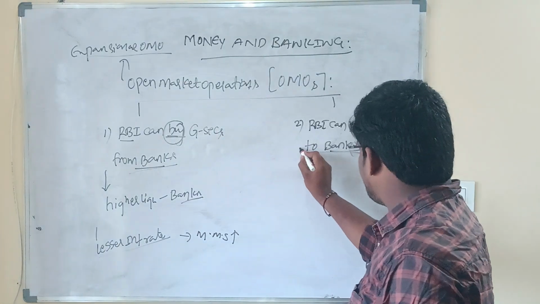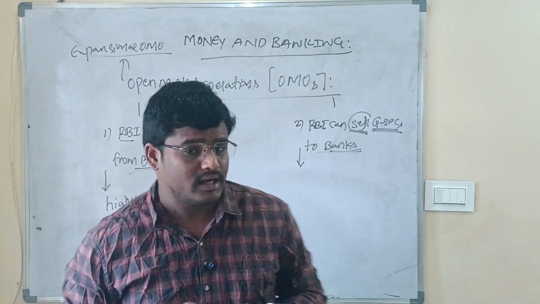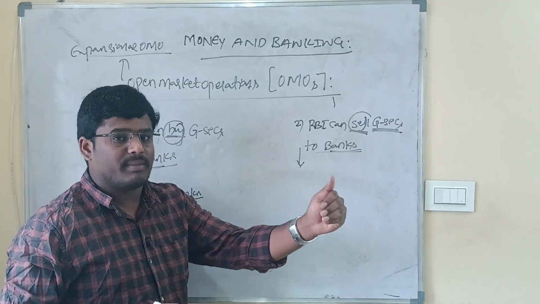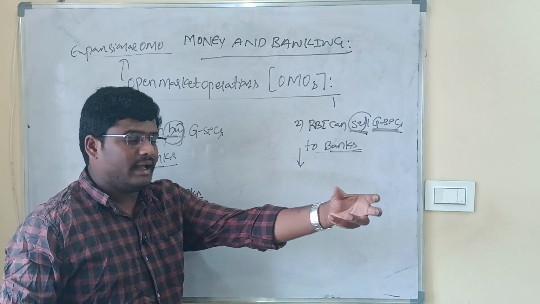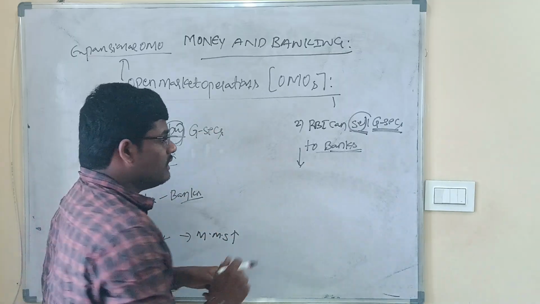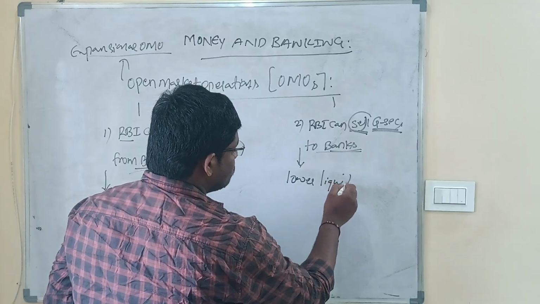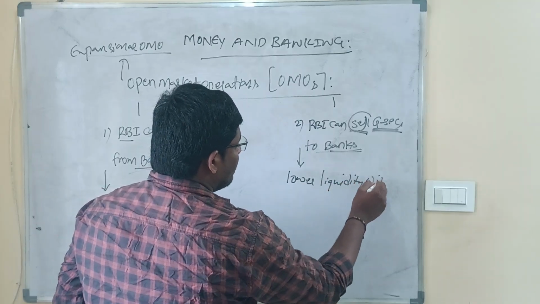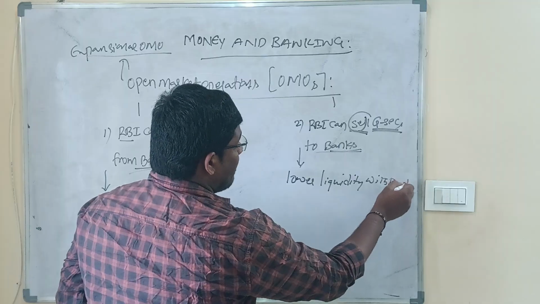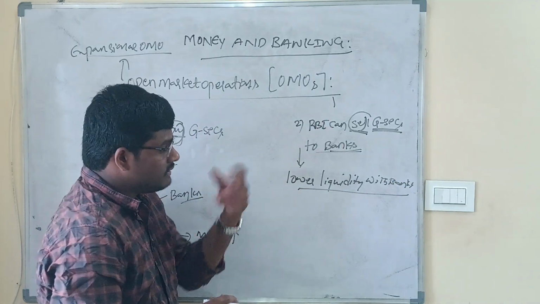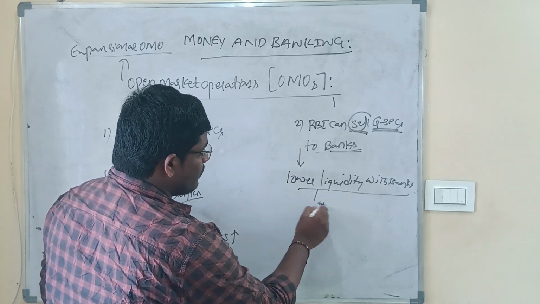Now the second type of open market operation: when RBI sells government securities, it absorbs liquidity from the banks. Now there is lower liquidity with banks, which means scarcity of funds, and that leads to a higher interest rate.